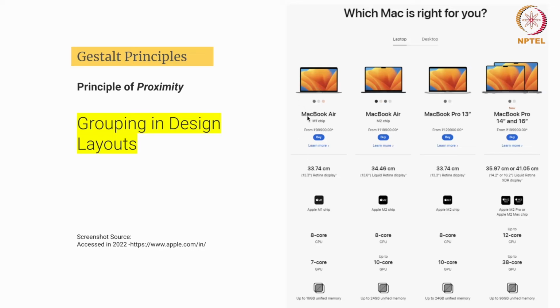So under MacBook Air M1 chip, these are the features, these are the benefits you are going to have. Similarly under the M2 chip, these are the benefits. Imagine, there's a very interesting composition here, which is the line. The line is purposely broken to emphasize the idea of proximity.